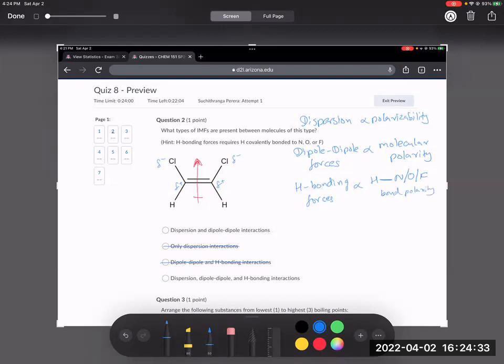When it comes to this molecule, you have hydrogens bound to carbons, but not to nitrogen, oxygen, or fluorine. Because you do not have hydrogen covalently bonded to nitrogen, oxygen, or fluorine, you're not going to have hydrogen bonding forces here. Therefore, the last option is out. The only possible intermolecular forces are dispersion forces and dipole forces.